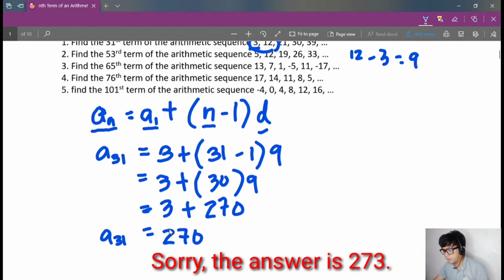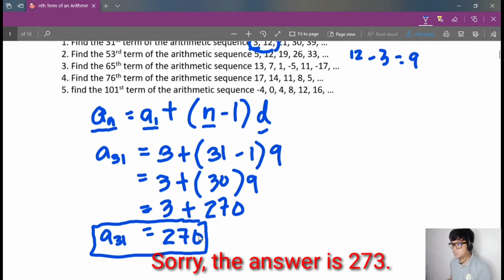So therefore, our 31st term of the sequence 3, 12, 21, 30, 39 is 273. So this is our answer. The 31st term is 273.